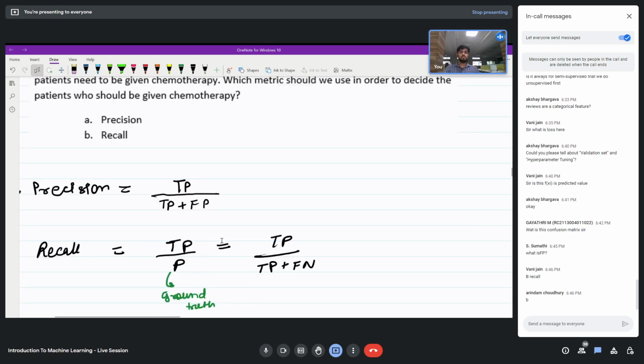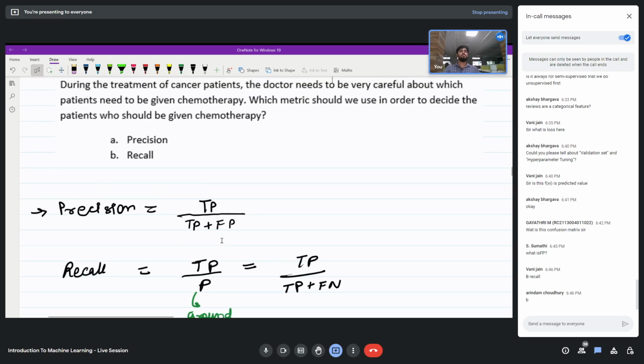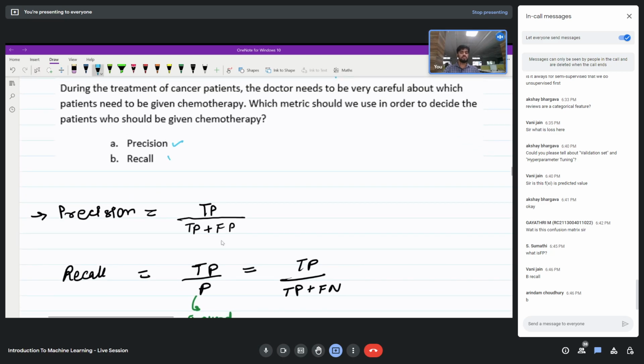So I'll come to the definition of precision and recall, because it is asked whether it should be precision or recall. What precision intuitively means is, let's take the cancer example. If the machine learning algorithm says that the person is having cancer, what is the chance that they actually had cancer?